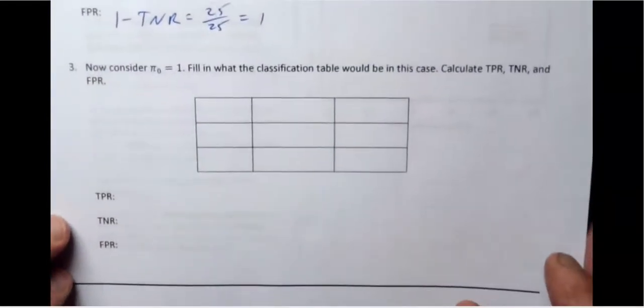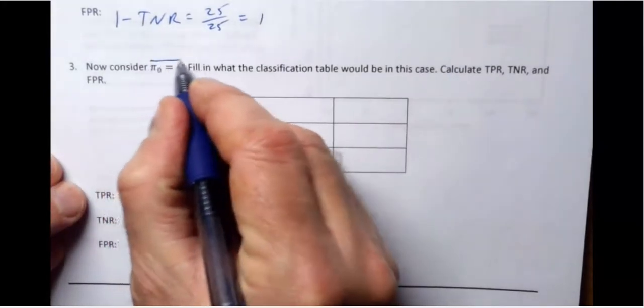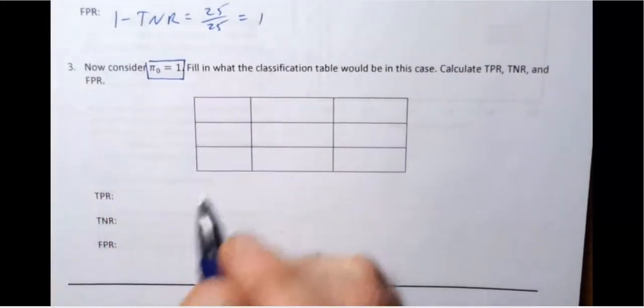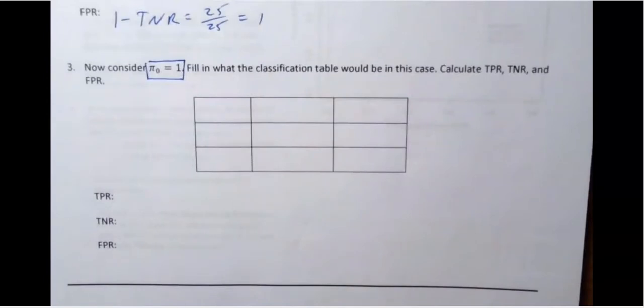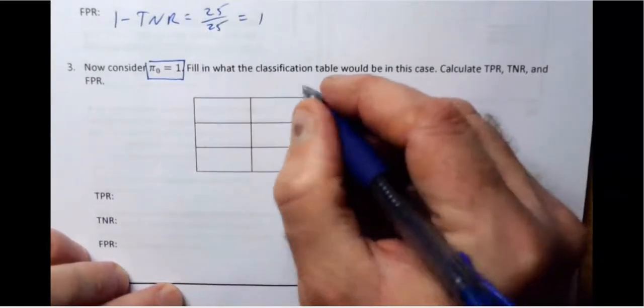So let's do another silly example, and there's a reason we're doing these. Let's go to the other side of the coin and assume that pi 0 is 1. So if my predicted probability is greater than 1, I'll predict they survive. If it's less than 1, I'll predict that they died.